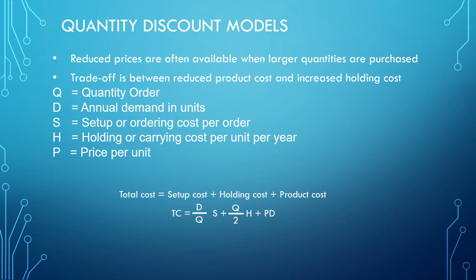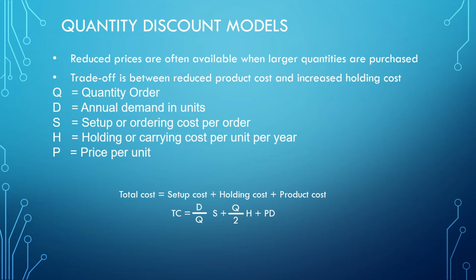Now let's look at some of the terms we defined before, and repeat them. Q is the quantity ordered. D is the annual demand in units. S is the setup or ordering cost per order. H is the holding or carrying cost per unit per year.